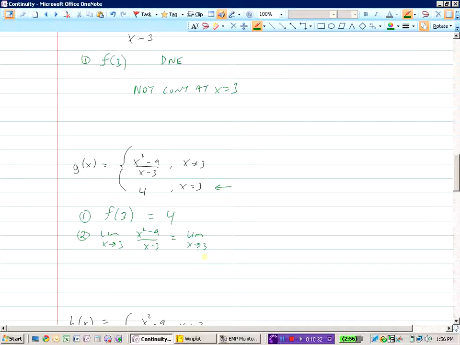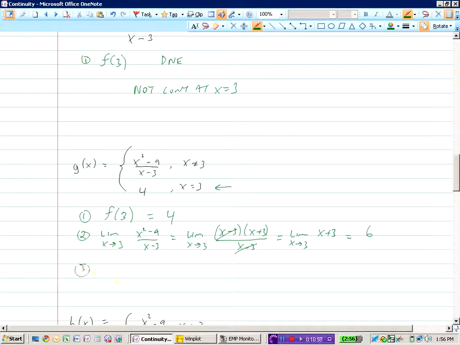Factor it. Yeah, so x squared minus 9, that's a difference of squares. I'm going to factor that to x minus 3, x plus 3 over x minus 3. And now these factors will cancel out. So we have the limit as x approaches 3 of x plus 3, which is 6. So that's fantastic. The limit exists, and it's 6.